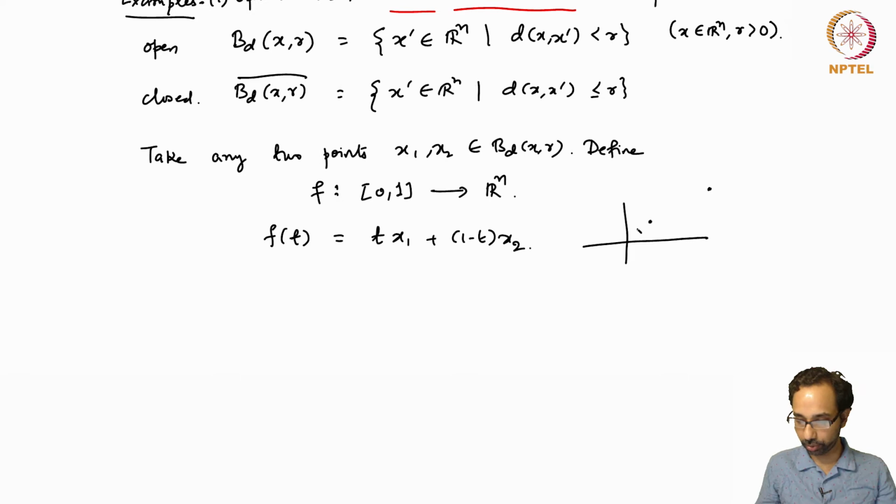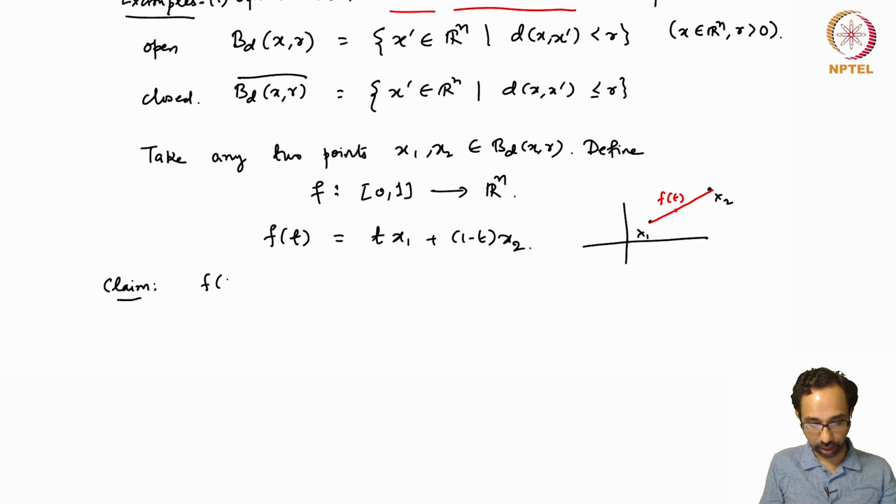Suppose this is a point x1 in R^2 and x2 in R^2, then this function f defines the straight line; for some t, the point f(t) will lie on the straight line joining x1 and x2.